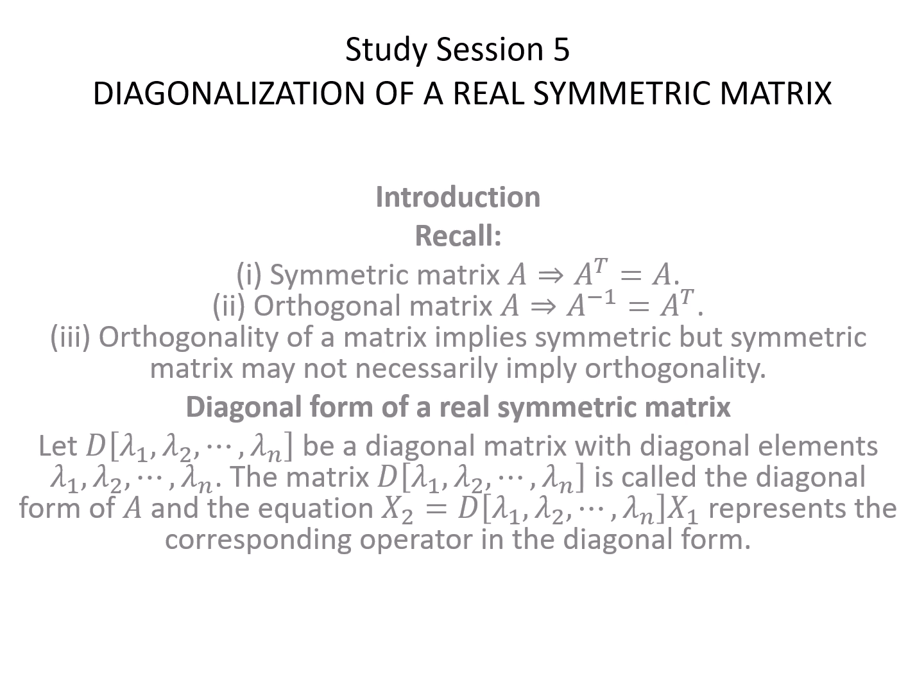The matrix D, that is the diagonal matrix, is called the diagonal form of A. And the equation x2 is equal to the diagonal of lambda 1, lambda 2 up to lambda n of x1.